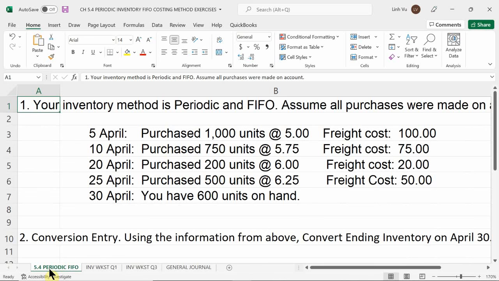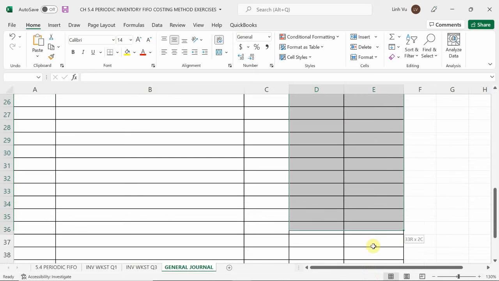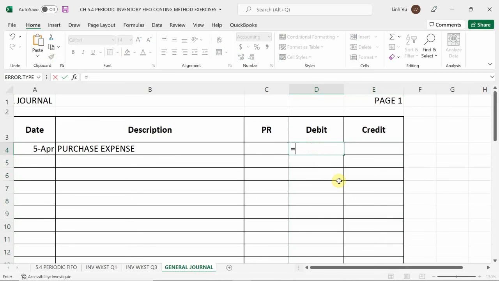We're going to do purchase expense. How much is my total purchase expense? 5,000. The great thing about using Excel is I don't have to punch it in my calculator.